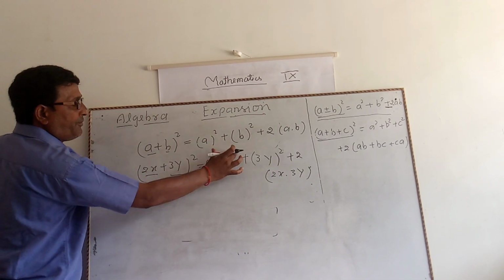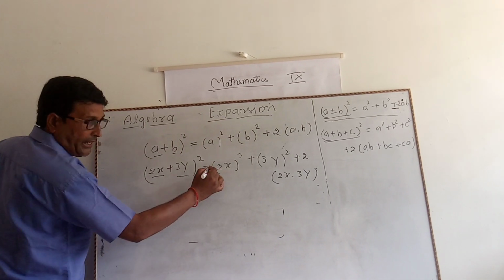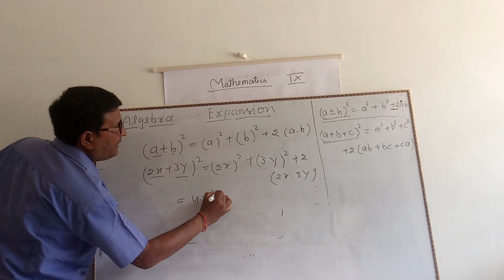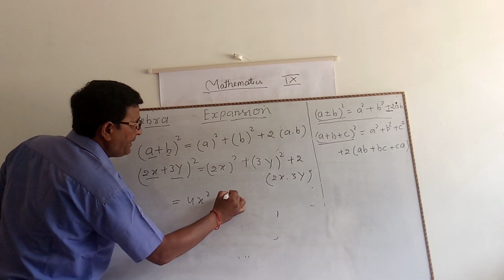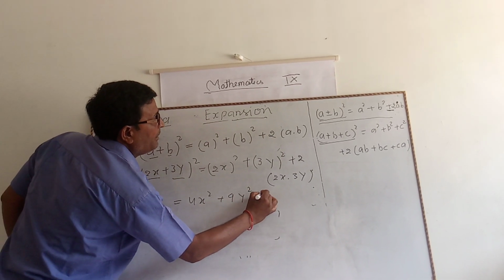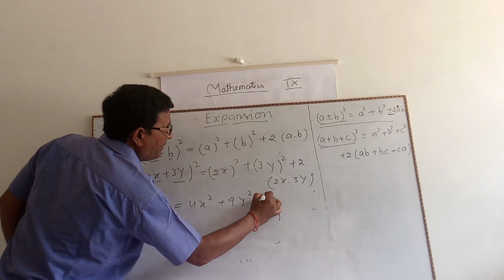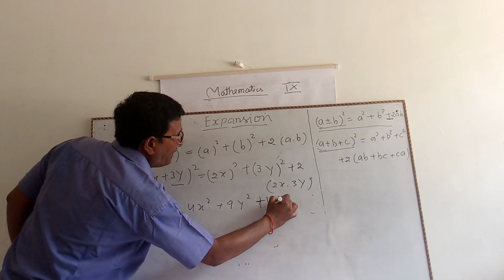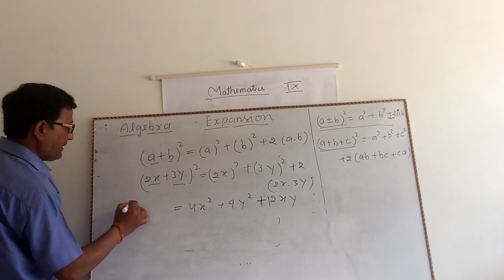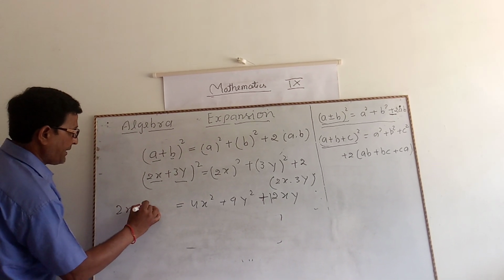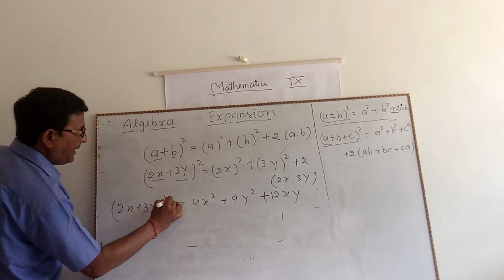Now the square of 2 is 4, so 4x square, plus the square of 3 is 9, so 9y square, plus 2 into 3 into 2 is 12xy. This is your result for 2x plus 3y whole square.